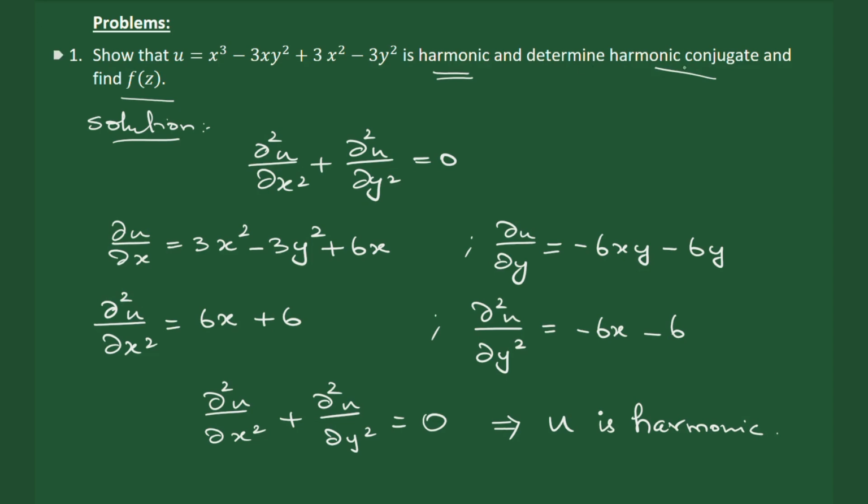Next we have to determine the harmonic conjugate. What does harmonic conjugate mean? V is the harmonic conjugate of u, so we have to find V here. To find V, we use the Cauchy-Riemann equations: ux is equal to Vy and uy is equal to minus Vx. We have already found ux, so that is equivalent to Vy.